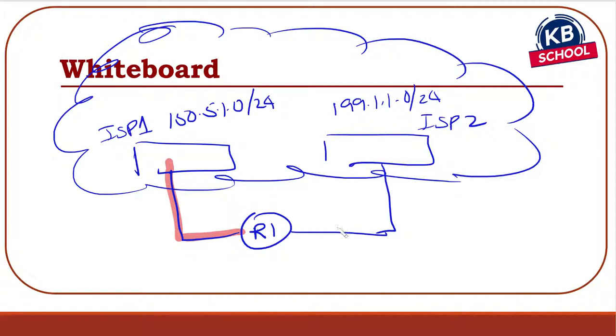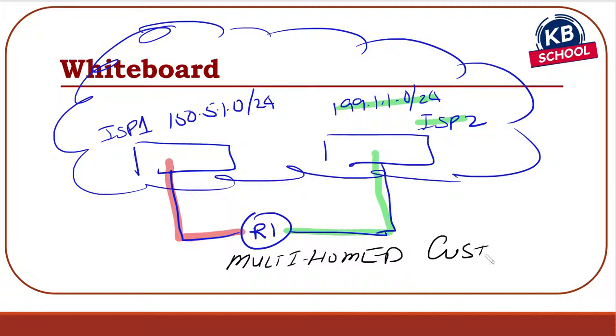If it is destined to 199, it'll take this path to get there. This type of client company is known as a multi-homed customer. This is another reason for running BGP.